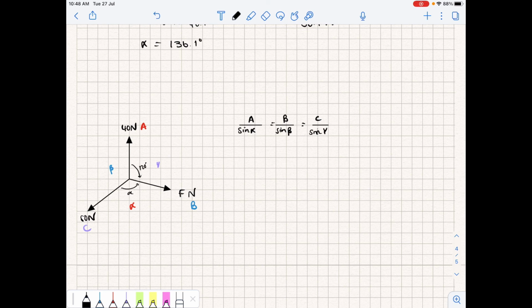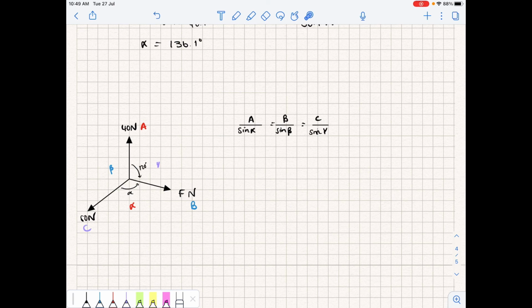If we understand how to use Lami's theorem, we don't have to label the sides. We just need to understand that the ratio comes from the force and the angle opposite that force. So in the question given, we've been given two forces and one of the angles, and we're asked to solve for a force and an angle.